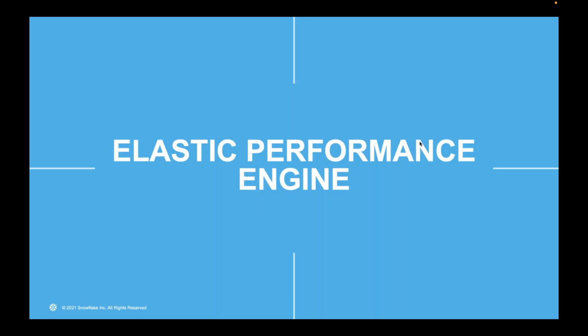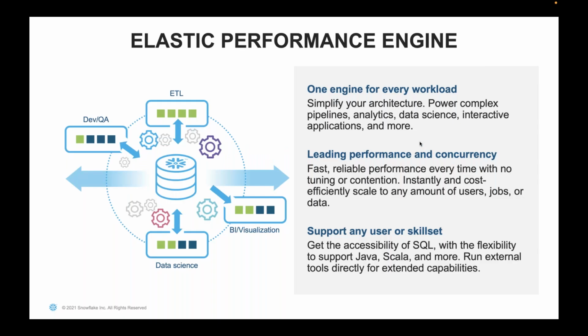We will talk about the Elastic Performance Engine, what it does, and how it is different. So now at the center of Snowflake is the compute. Let's say I have to go to a party. I use that example because I can relate to it. I have a big family, and I have cousins also, and everybody comes together and then we go.